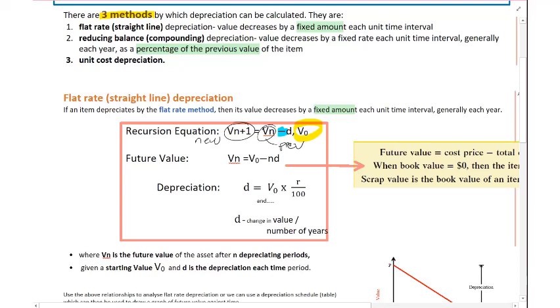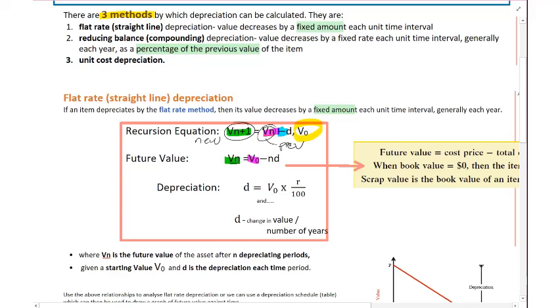All right, so the future value is Vn equals. Let's give some colors to these. The green is Vn plus 1, that is our new term. The purple is this Vn here, and V0. Okay.